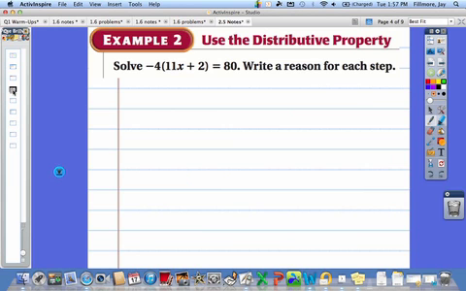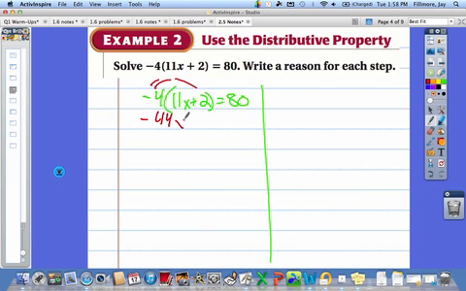For this one, if we start with negative 4 times the quantity 11x plus 2 equals 80, we start by using our distributive property. We distribute negative 4 into both pieces. So negative 4 times 11 is negative 44x, and negative 4 times 2 is negative 8.